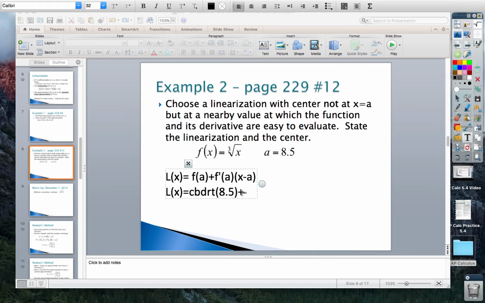We know the derivative of the cubed root of x is 1/3 times a to the negative 2/3 power times x minus 8.5. So once you found this, you've gone ahead and evaluated. You found the linearization of f of x in this particular case.